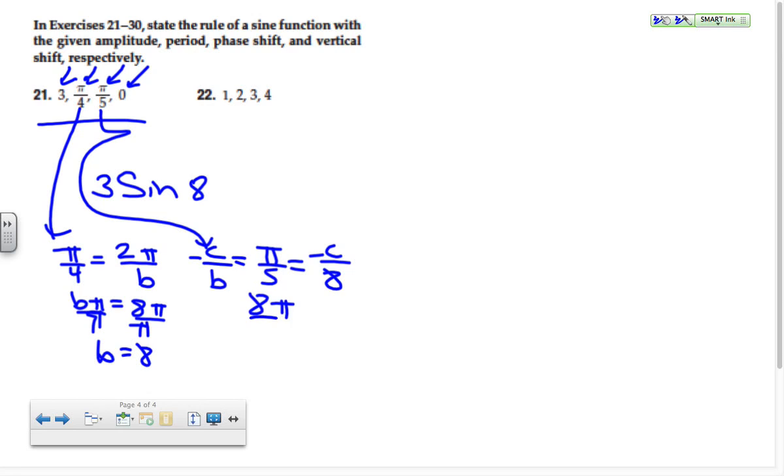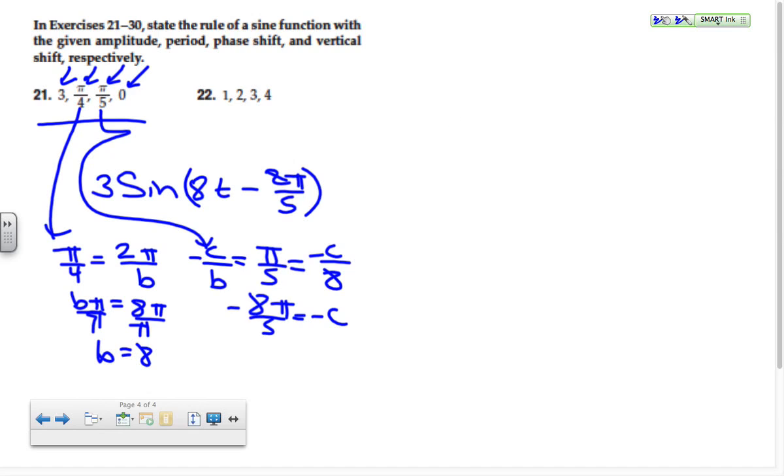So I get 8 pi over 5. This is a negative c, so it's a negative 8 pi over 5. So it's going to be sine 8t minus 8 pi over 5. And then we don't have to add anything because of the 0. See how fun that was? I think that's so fun. Okay, I know you guys are going to come back and say, no, that wasn't very much fun. But I think so.